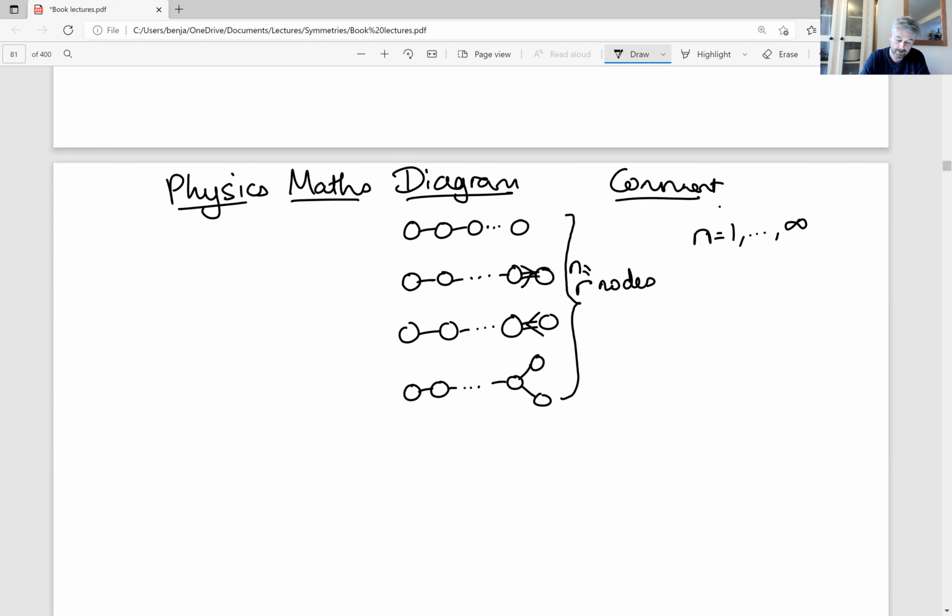And these 4 are examples of what are called 4 infinite series, infinite sequences, of what are called classical Lie groups.